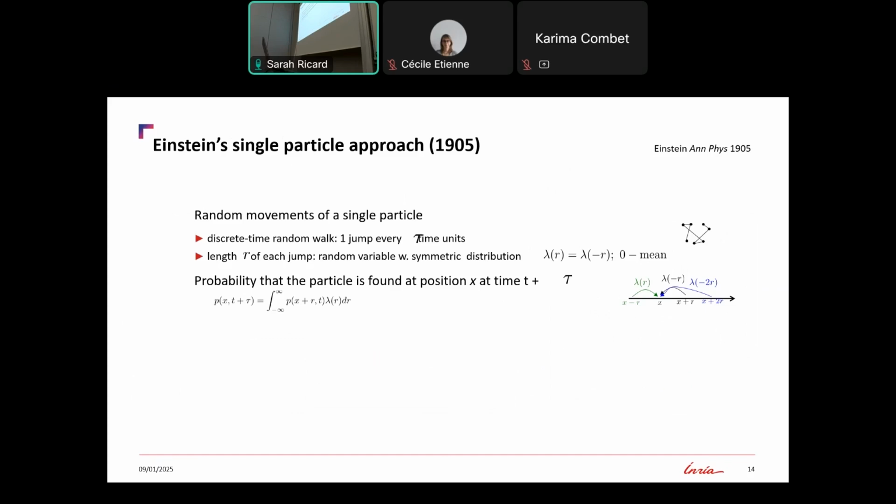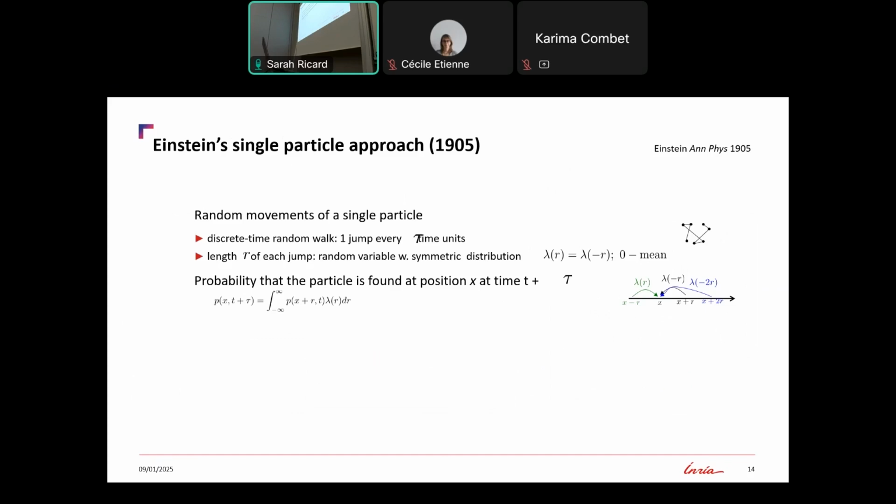Well, how can I write it? It's the probability that it was at x minus r, and it jumped a distance r between t and t plus tau. But it could also be that it was at position x plus r, and it jumped a distance minus r between t and t plus tau. And so on. It could also be that it was at x plus 2r, and so on.